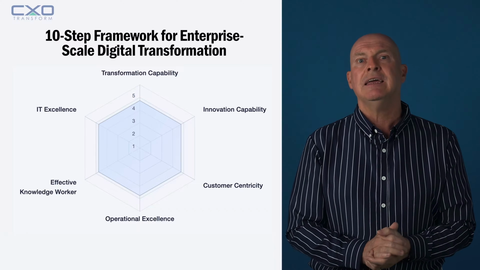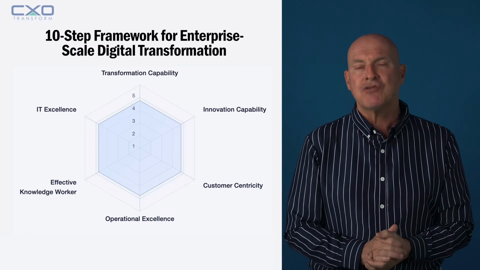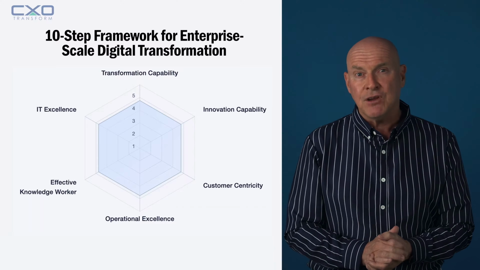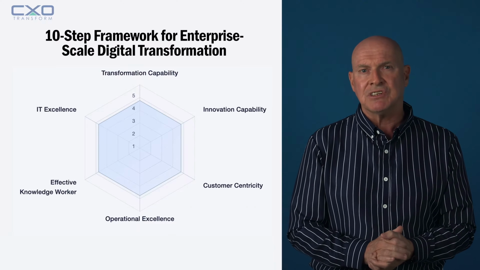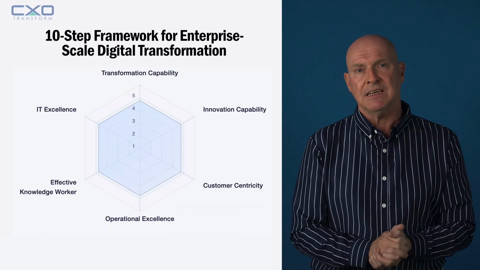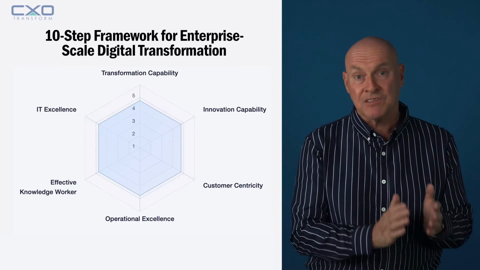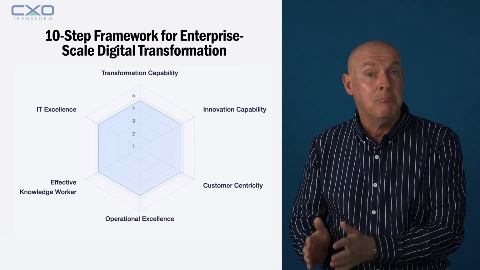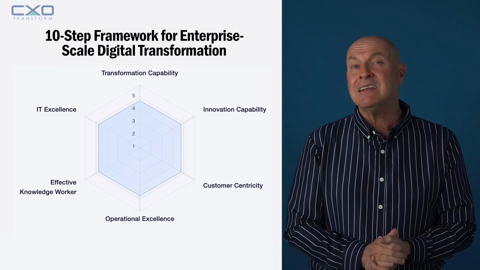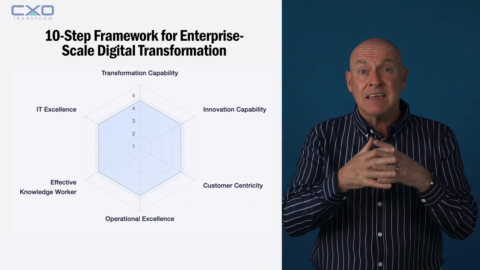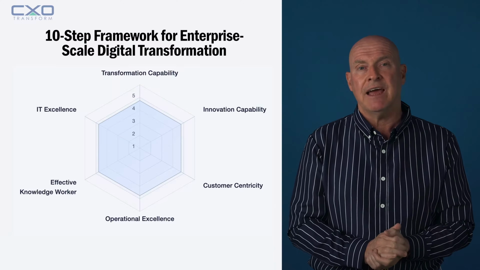And these are innovation capability, transformation capability, IT excellence, the effective knowledge worker, customer centricity, and operational excellence. These 6 capabilities are made up of transformation enablers and business goals, providing the perfect opportunity for IT and the business to collaborate from the outset.